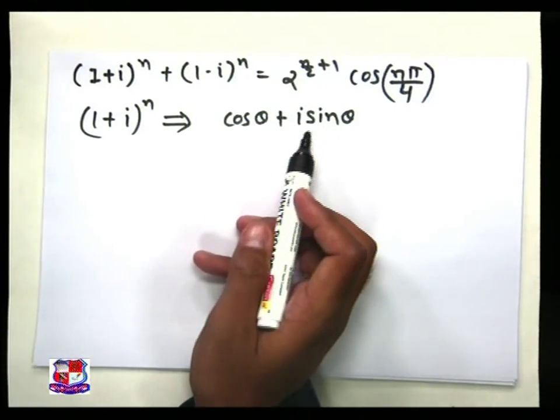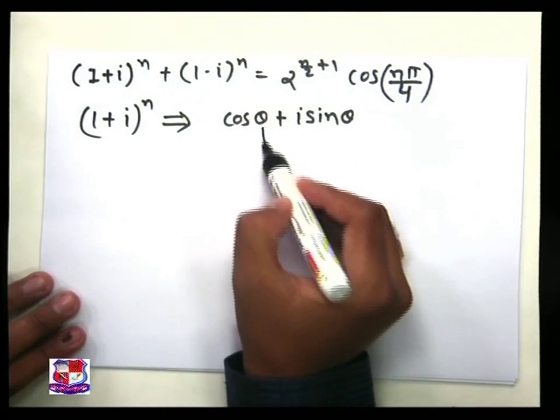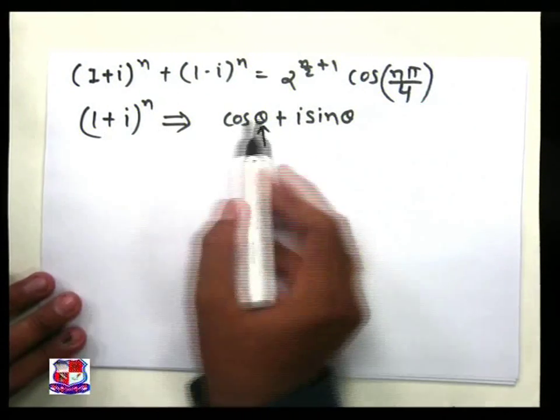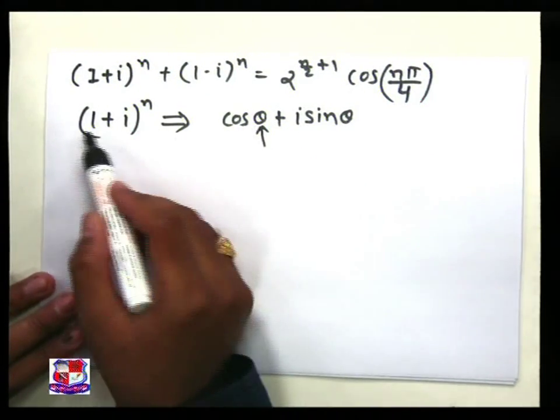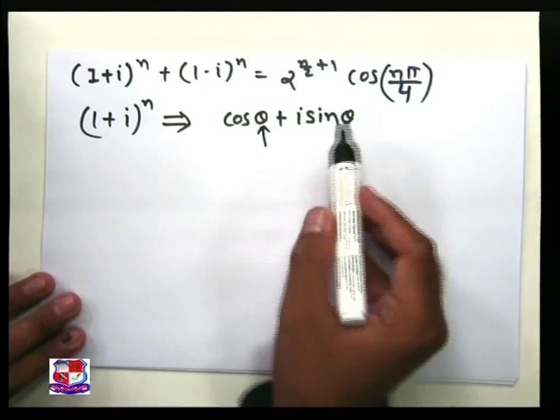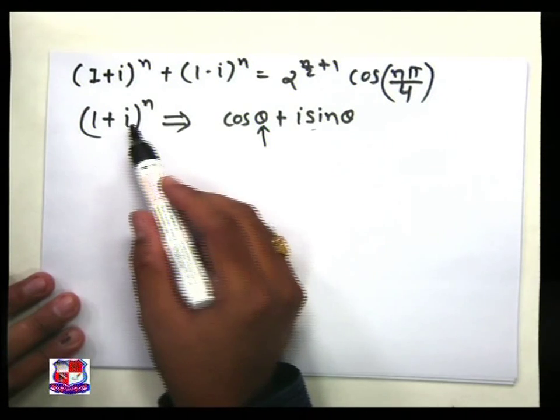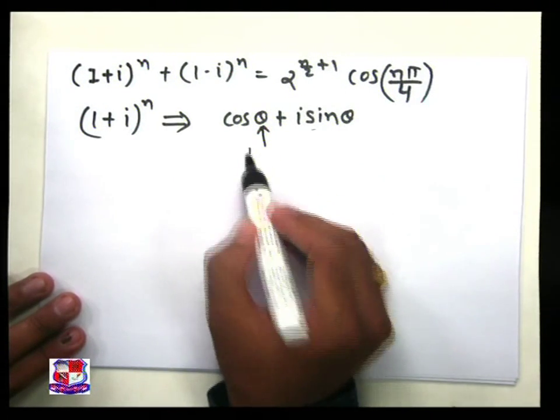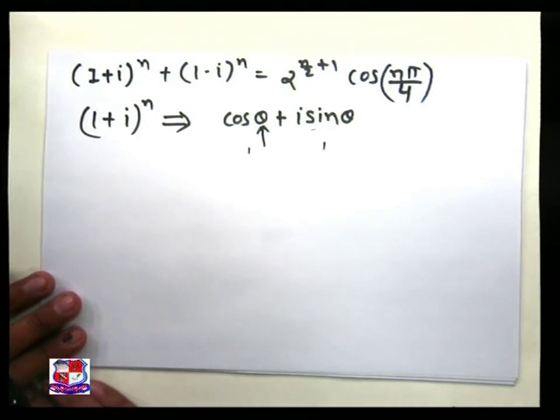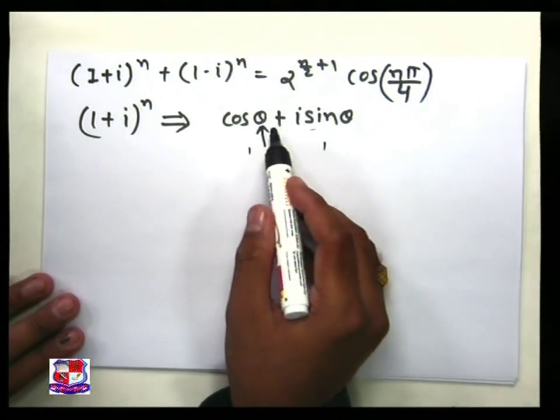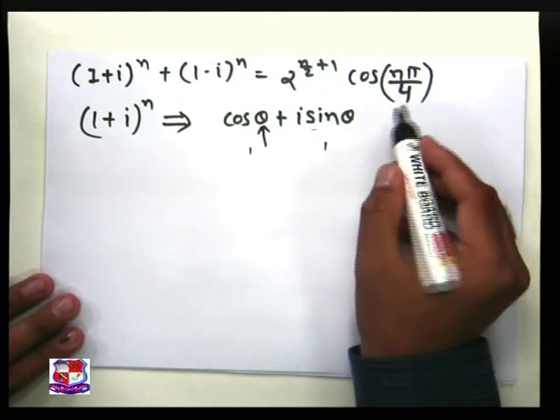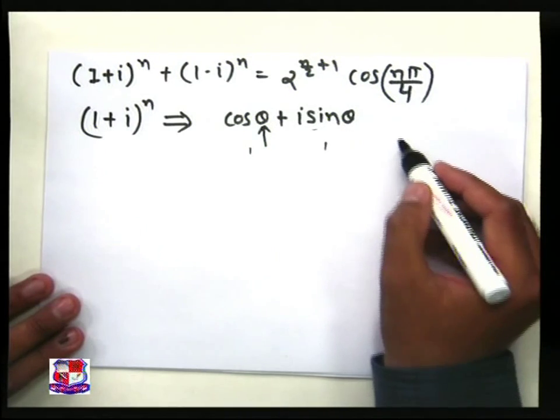Ultimately we want 1 with cos theta and i with sin theta, but the angle must be the same.